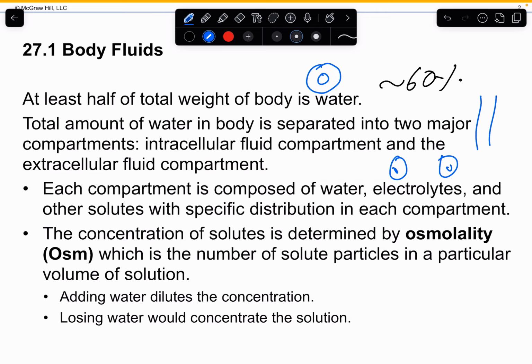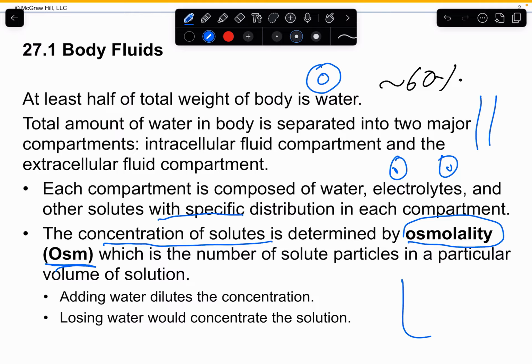Then electrolyte balance refers to maintaining the correct concentration of charged ions in the body fluid. Here the concentration of solute is determined by osmolality.